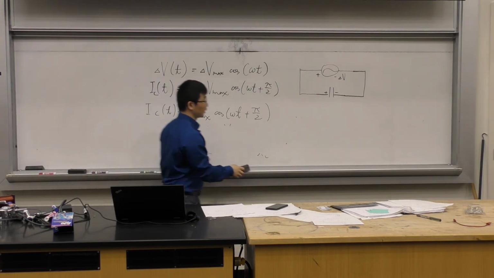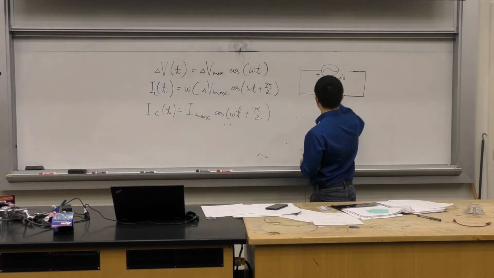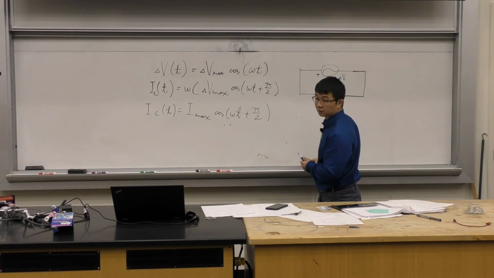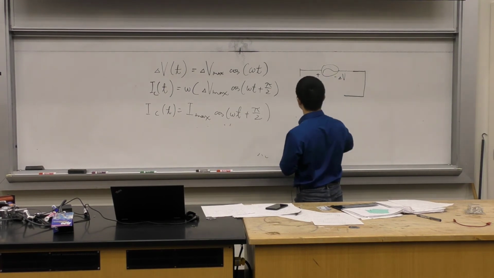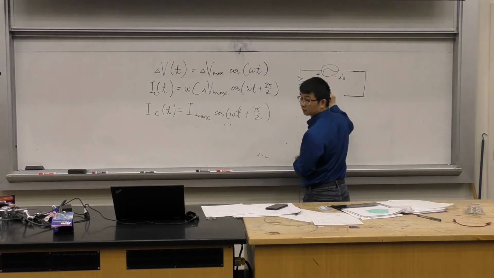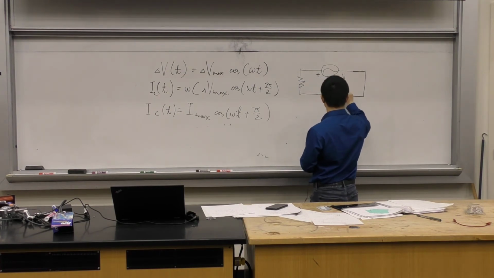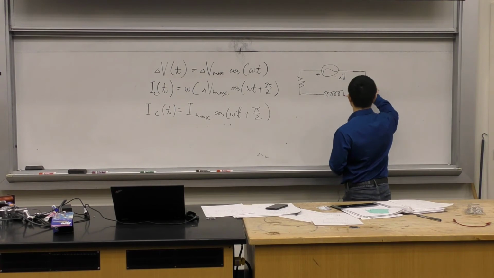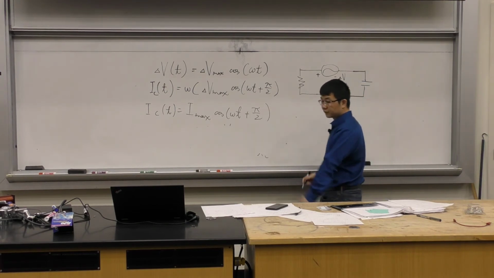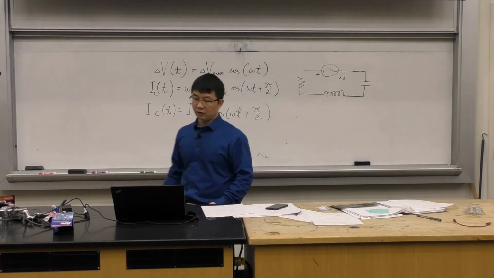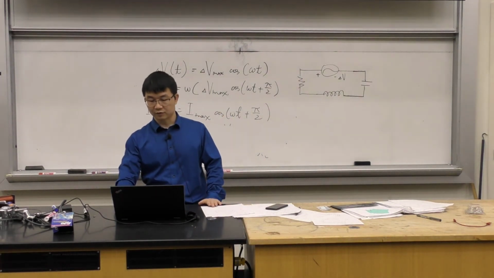RLC, three guys connected. Doesn't matter how they're connected, they're just going to be in series, right? So there's an R here, there's an L, and then there's a C. Then let's first finish this theory.